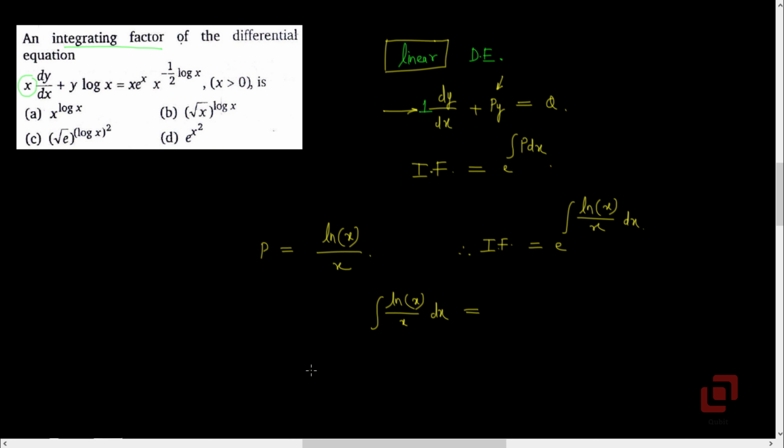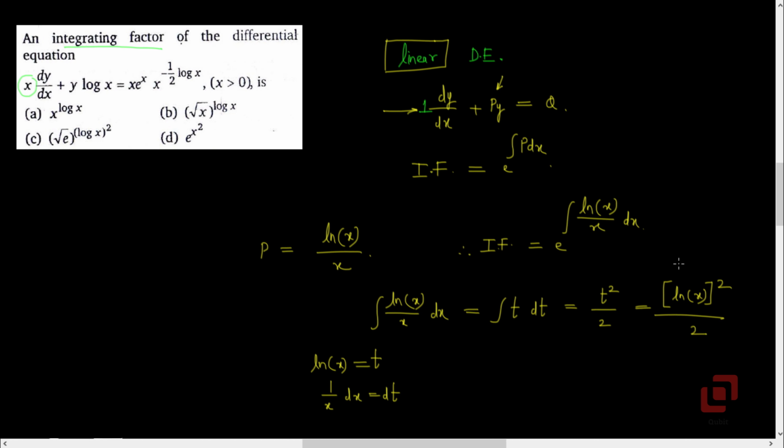We recall that letting log of x as t allows us to write 1 upon x dx as dt. In other words, integral of log of x upon x dx will now be integral t dt, which on integration gives us t squared by 2, which will be equal to log of x squared upon 2.